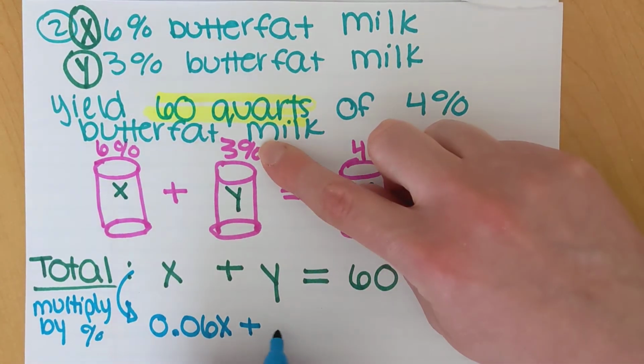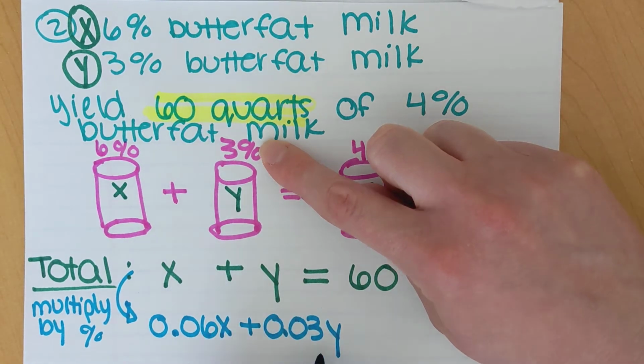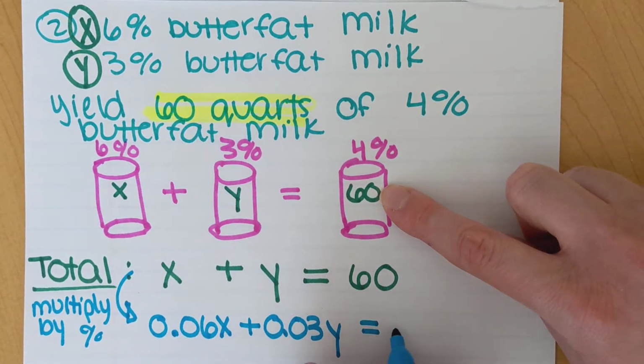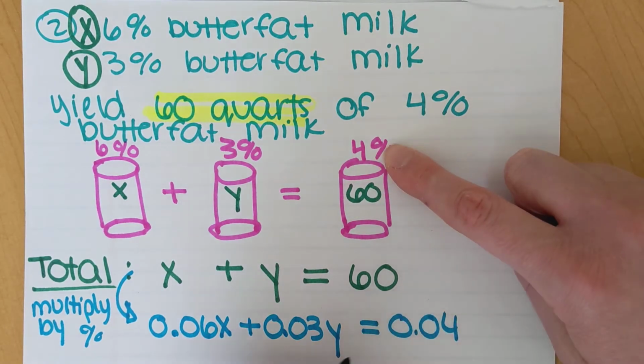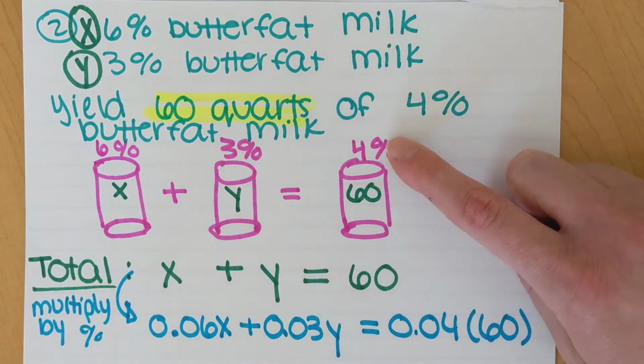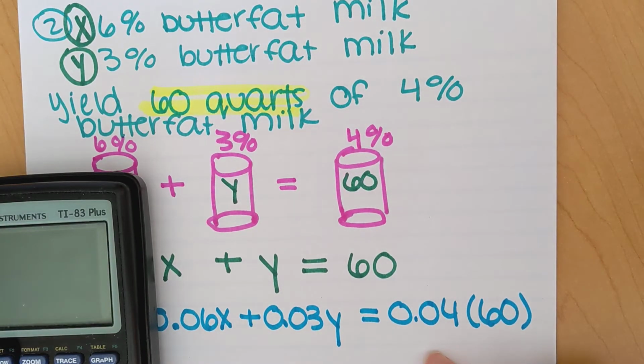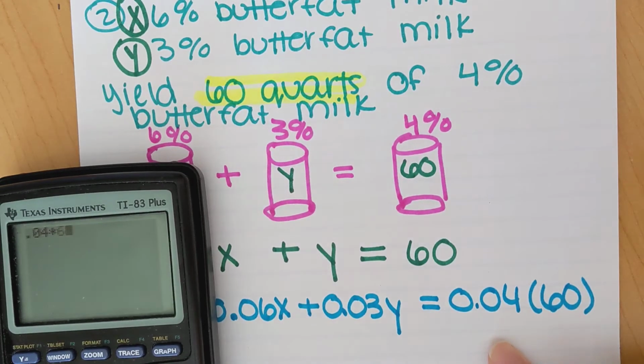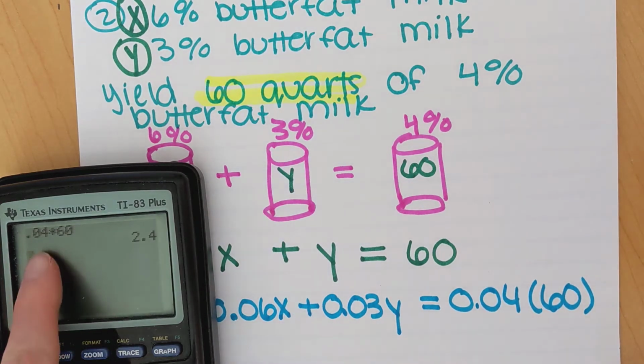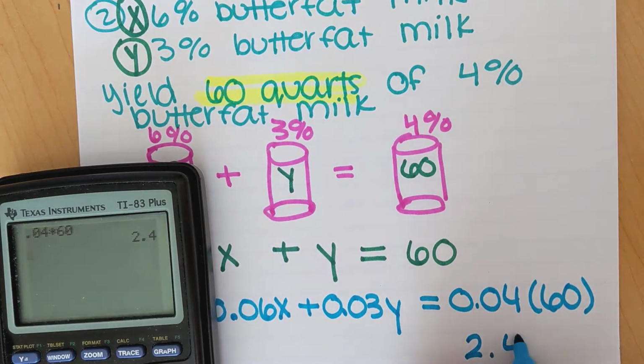Then you'll take the 3% times the Y, so that's 0.03Y. And then you'll take the 0.04 times the 60. And that 0.04 times 60 is where I'm getting this 2.4 from.